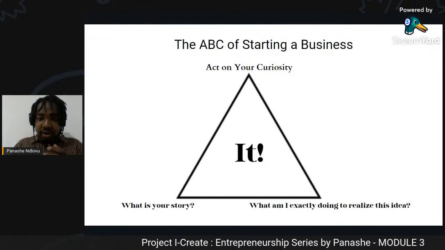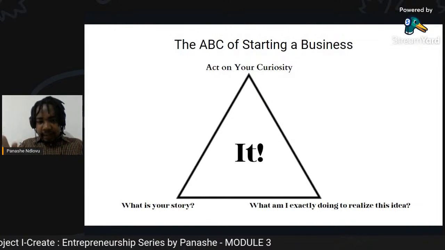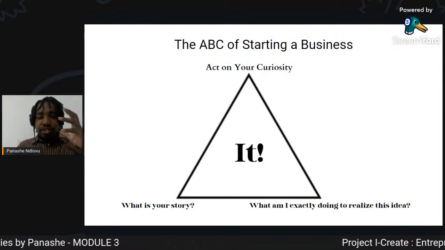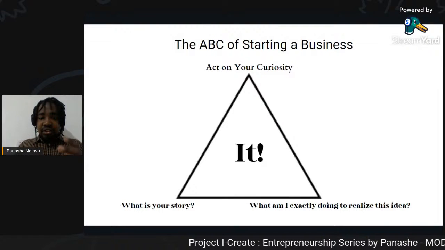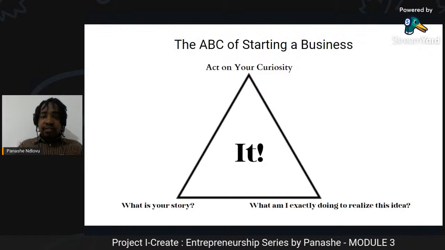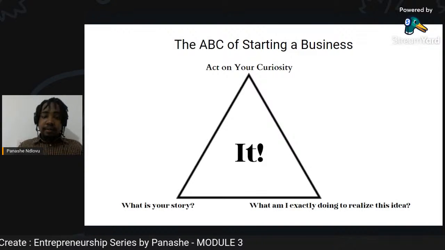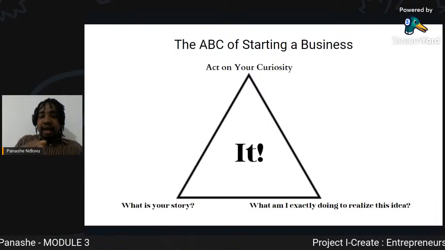And this is how I've come up with these three important elements that put you at the center, that put your creativity at the center, helping you to think, and giving you the freedom of exploring your thoughts, right? And realizing that business coming to life.